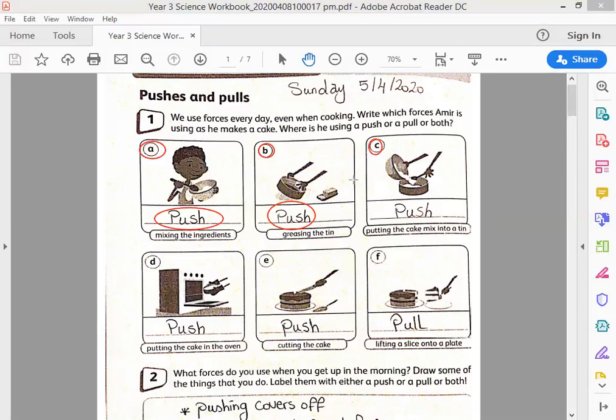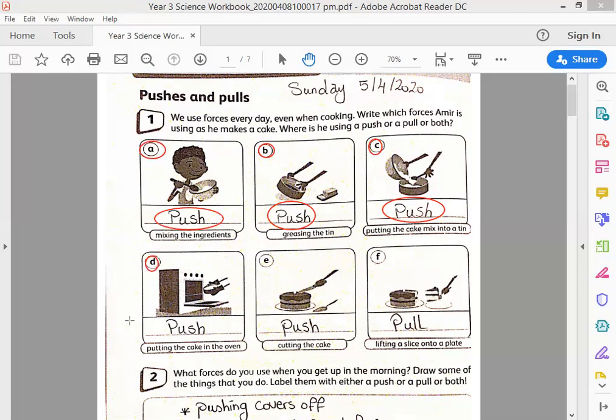In picture C, he told you that he started to put the cake mix into a tin. What do you think he's going to do to put the mix of the cake in the tin? He must push the mix to be placed inside the tin. In picture D, he told you that he's going to put the cake in the oven.